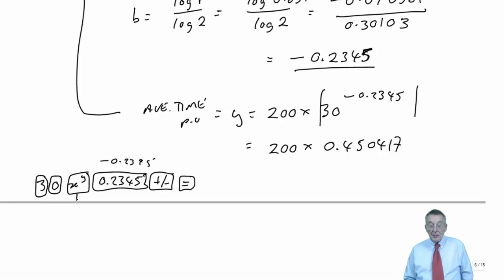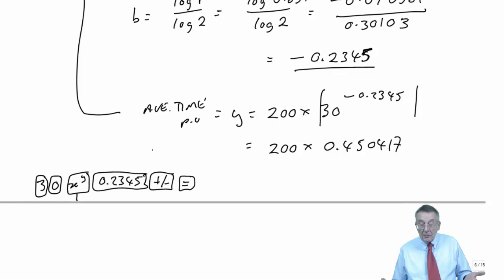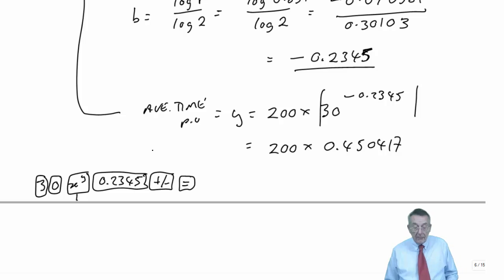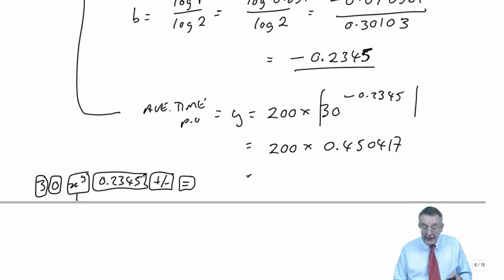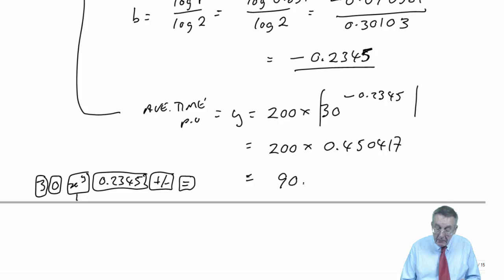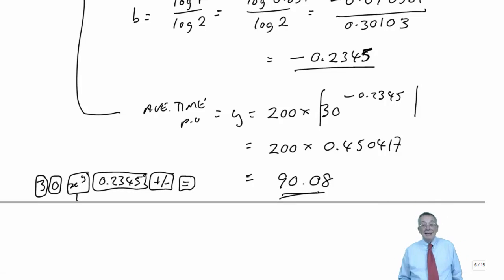And I end up with 30 minus 0.2345, which is obviously ridiculous. So anyway, I'm sorry. You have to practice. If you have a problem, obviously look at the manual that goes with your calculator. But it does mean the average time per unit, if I multiply that by 200, it's, I'll just do it in 2 decimal places, 90.08.